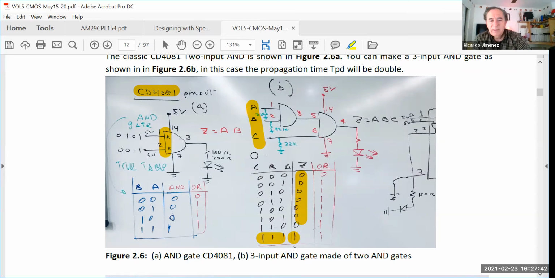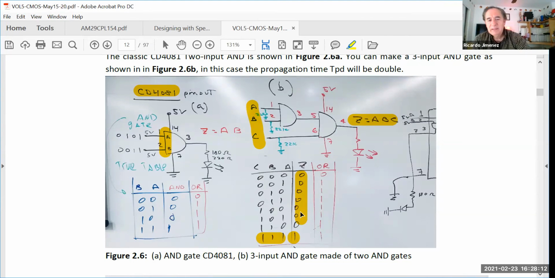So you have a 3-input AND gate. The output of the first gate, you have to connect it to the second AND gate, and now you have 3 inputs to create a 3-input AND gate. If A and B and C are 1s, the output will be 1. For any other combination, it will be 0.